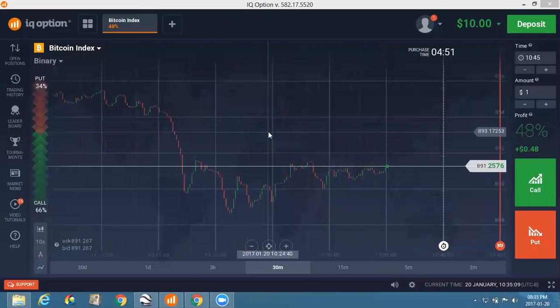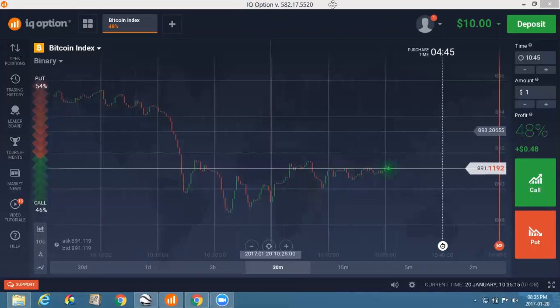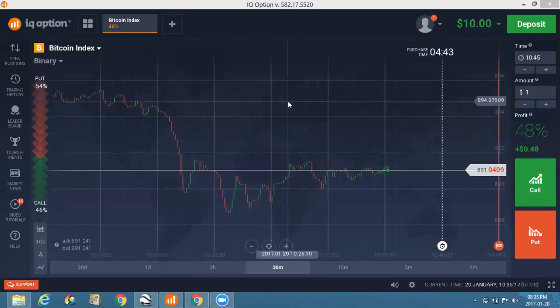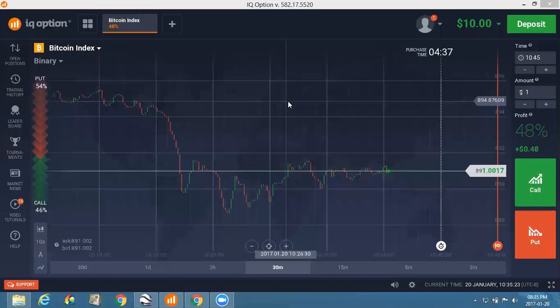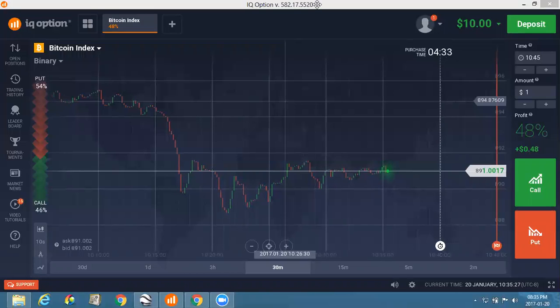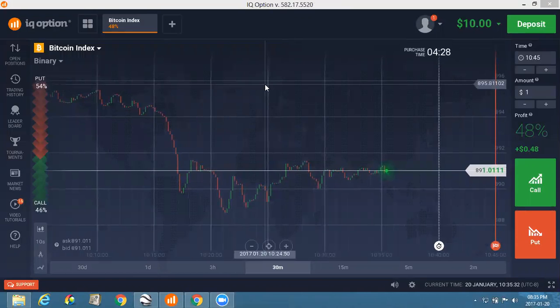If you know what a swing high and a swing low is, if you know what a higher high and a higher low is, and what a lower low and a lower high is, and if you can identify previous highs or previous lows, you can kill the strategy. Okay, so this is how it goes, guys.